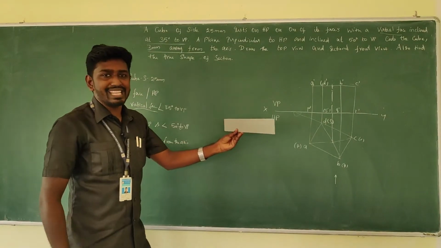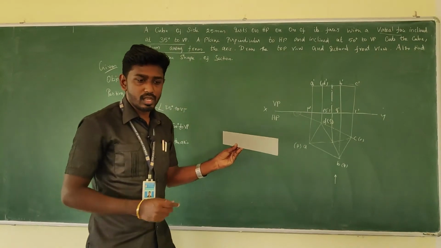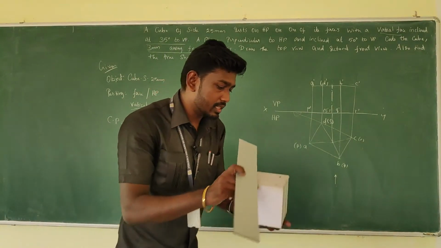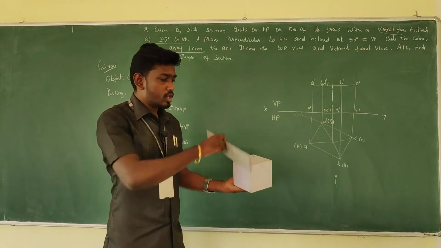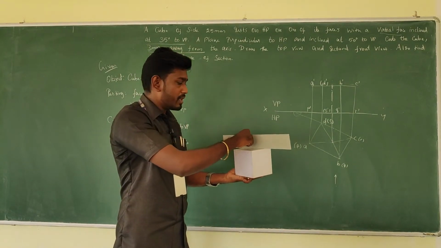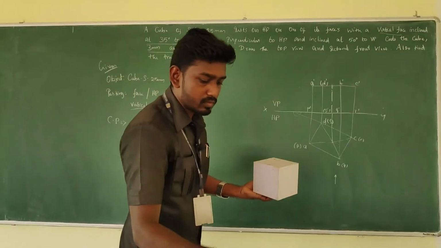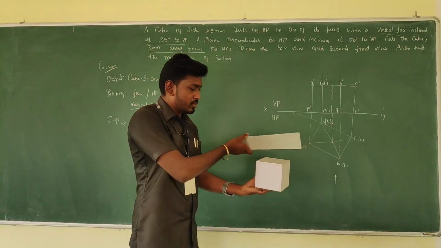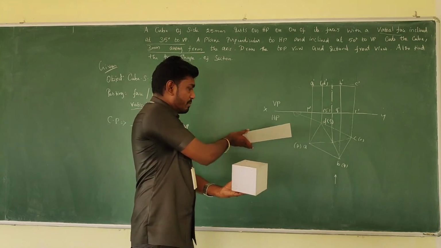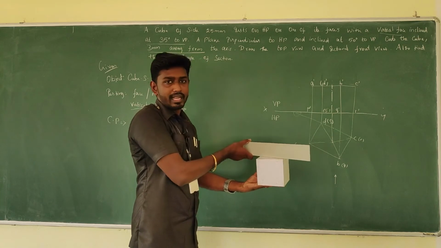So the exact position of the cutting plane is something like this. If I take the object, this is how the object is being placed. So I need to cut the object like this manner, 50 degree inclined to VP and perpendicular to HP.